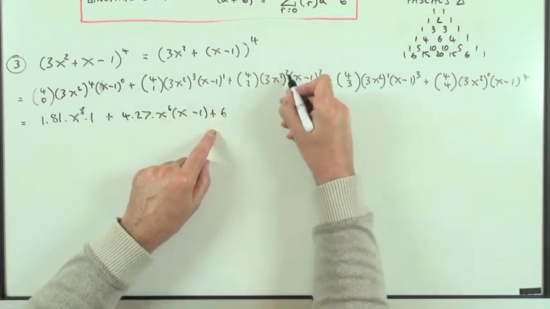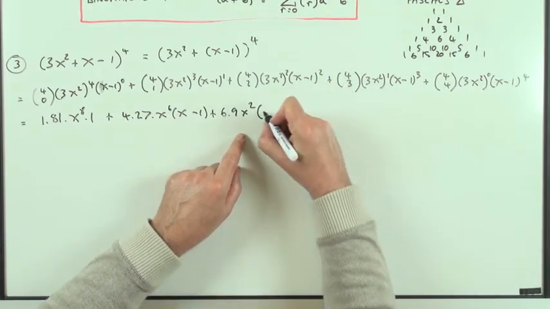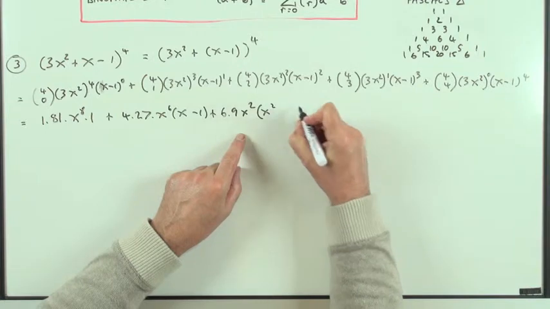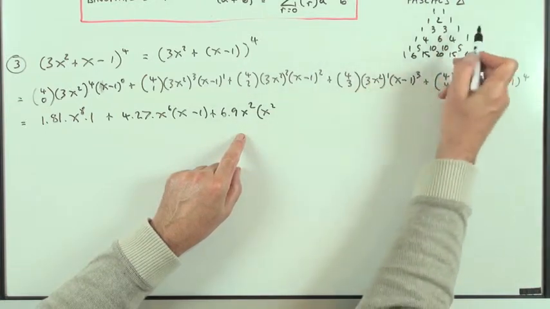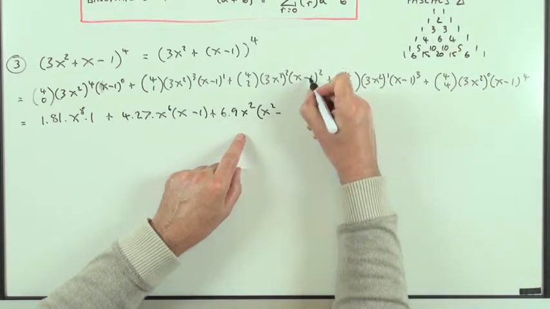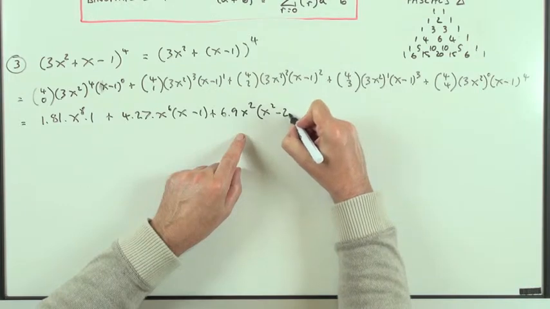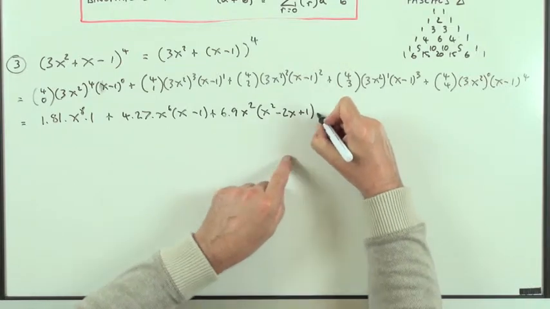That'll be 6 now, that'll be 3 squared is 9, and that'll be x to the 4. Now this bracket, since the brackets are all x's and 1's, they're just going to go in descending powers of x. This is the 1, 2, 1 bracket. So it must be x squared minus 2x, and then plus the 1. The signs will alternate because of the negative 1.